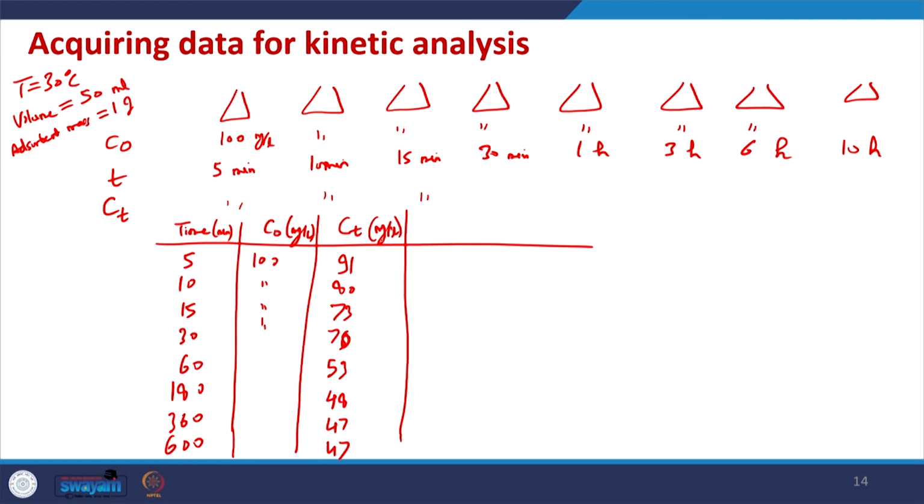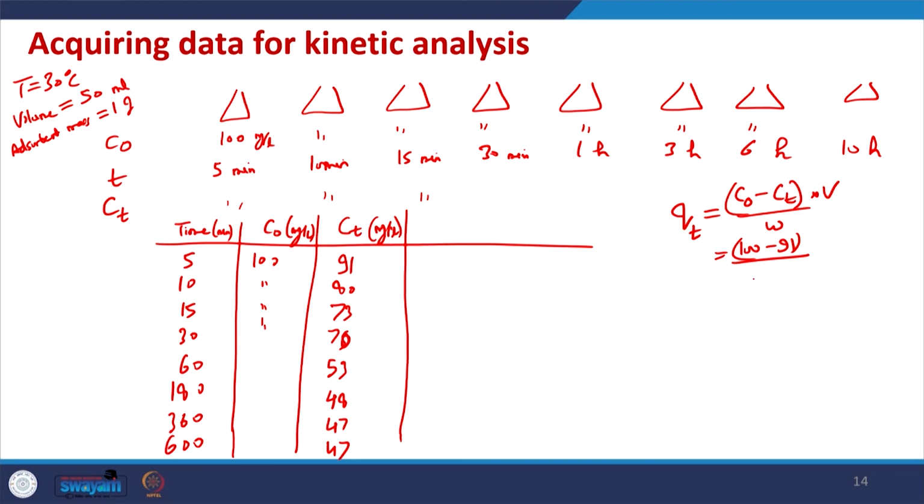Once this is known, we can determine the QT value. And how to determine the QT value? In the previous lecture we studied this. QT is determined as C0 minus CT divided by W, into V. So, for the first case, for time 5 minutes, it will be 100 minus 91 divided by how much amount we have taken?